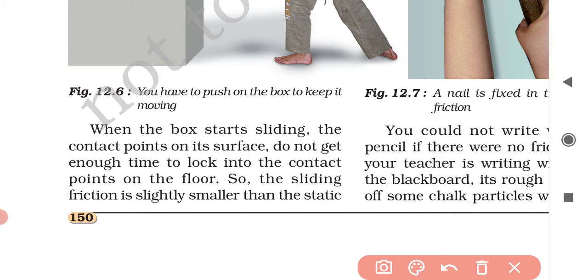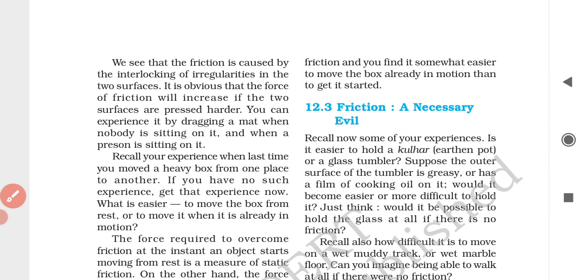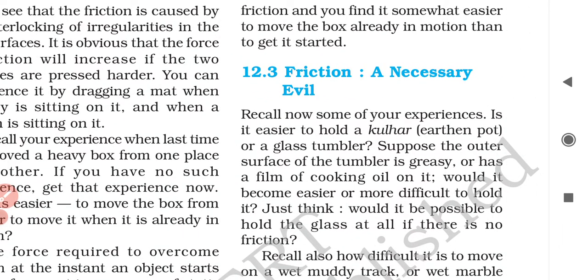So sliding friction is slightly smaller than static friction. If we compare the two types of friction, static friction is greater. That means sliding friction is smaller than static friction, and it is easier to keep an object moving which is already in motion than to move the same object from a stationary position or from rest.